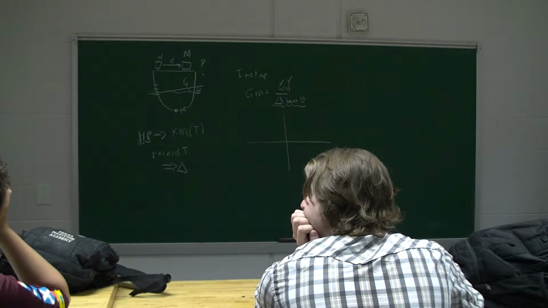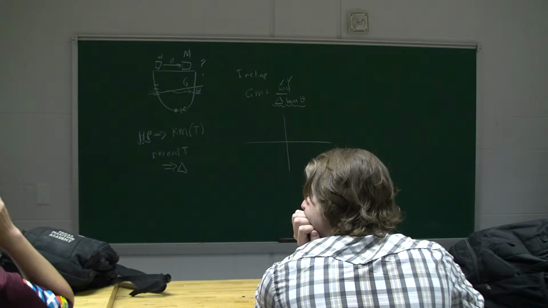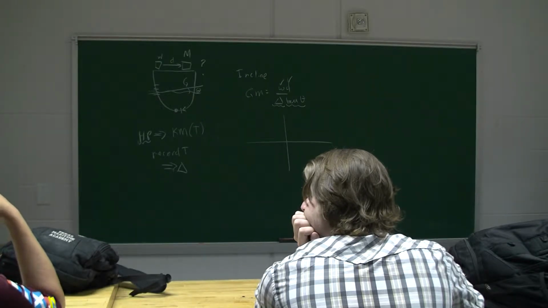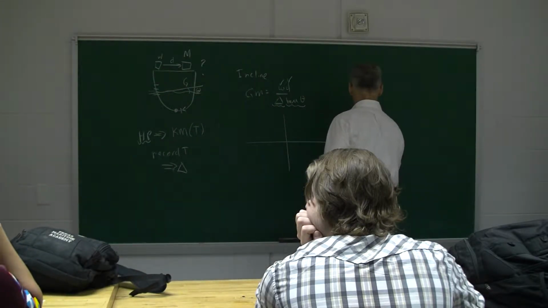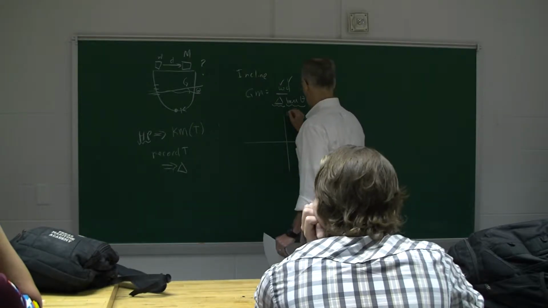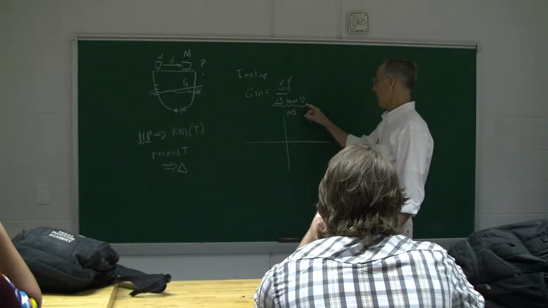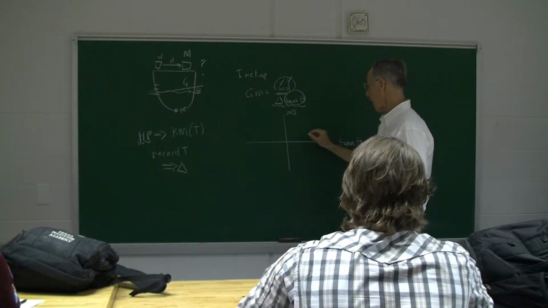The way I suggest you do it in your handout is the x-axis is tangent theta, and the y-axis is WD. And when you have this data, you're going to collect this data and plot it.